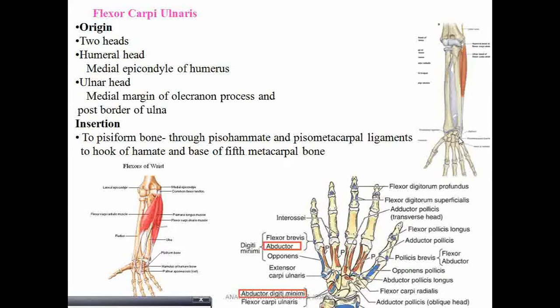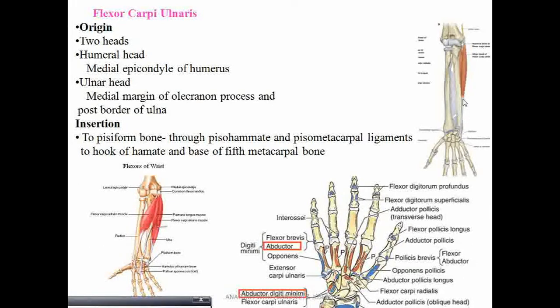The pisiform bone is one of the carpal bones, and from the pisiform there are ligaments called the pisohamate ligament and the pisometacarpal ligament. Through the pisohamate ligament it is attached to the hamate bone, and through the pisometacarpal ligament it is attached to the fifth metacarpal bone.